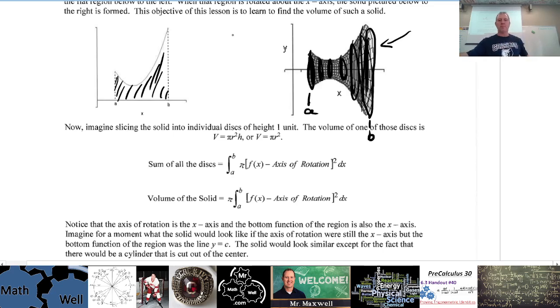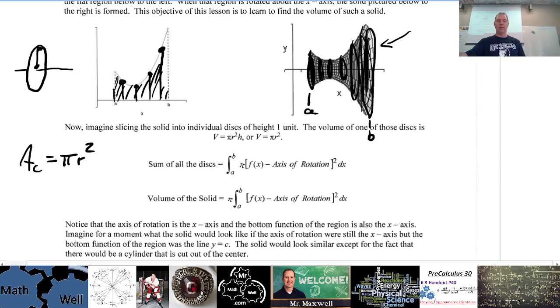Now, if I think about these as disks, remember disks are circles, right? So that's a disk. That's a circle. And so what's the area of a circle? Well, the area of a circle is pi times r squared. In this case, the radius of the circle will be equal to the value of the function.